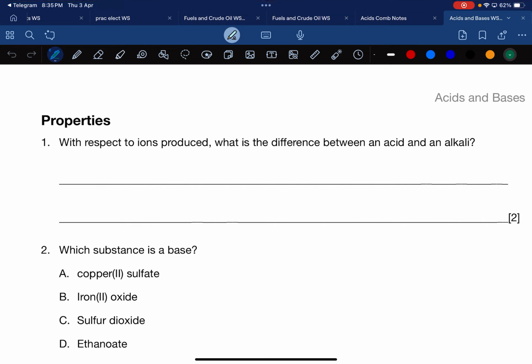You alright? I just go to the important. Do we need to write the first part? Yep. Yep, it's literally in your notes.